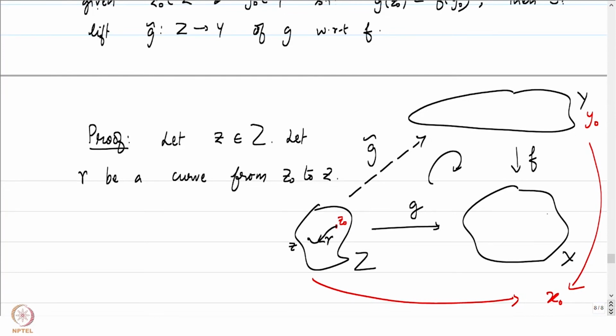And if we have the point x0 here and if we pick the image of Z, it should be called x, it's in capital X after all. Then we have a curve from x0 to x which is obtained by composing with G.